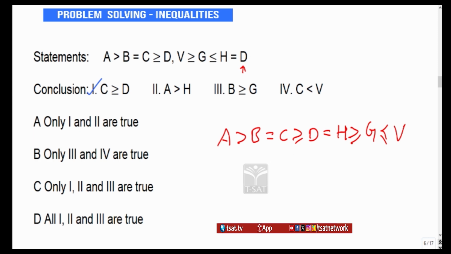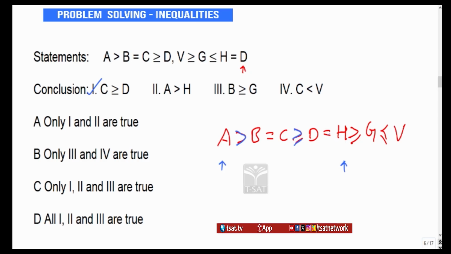Conclusion 2 says A is greater than H. See the two letters, A here and H here, and it is saying greater than. Whenever you see greater than, all the symbols should be greater than. So here greater than, correct. Here also you have greater than or equal to, then also correct.